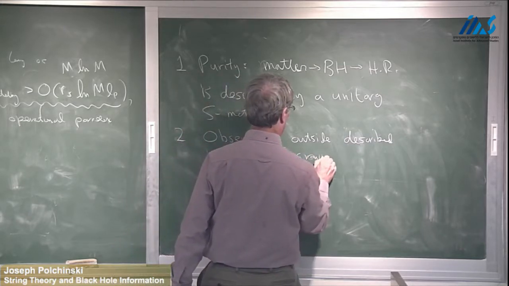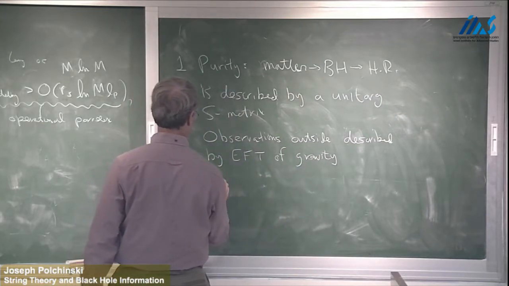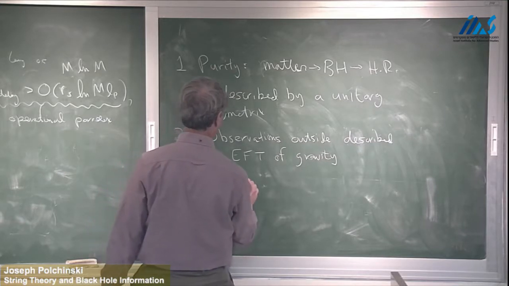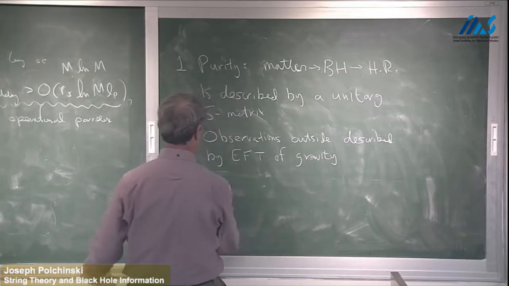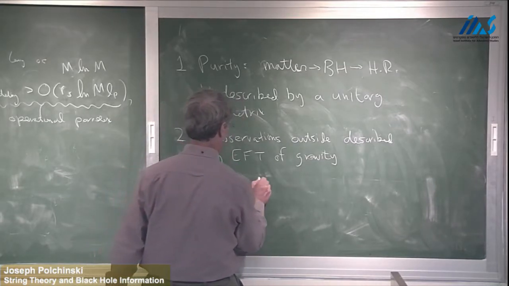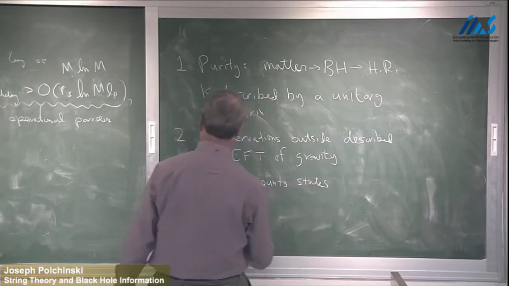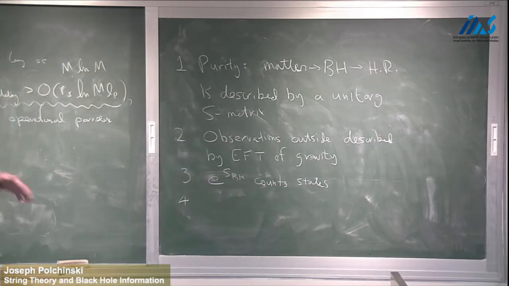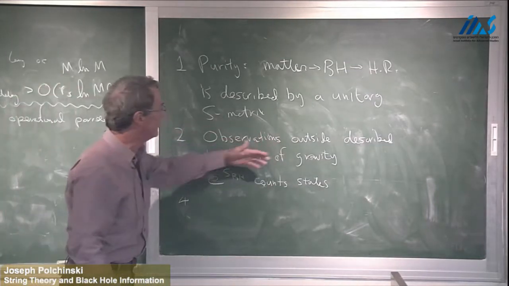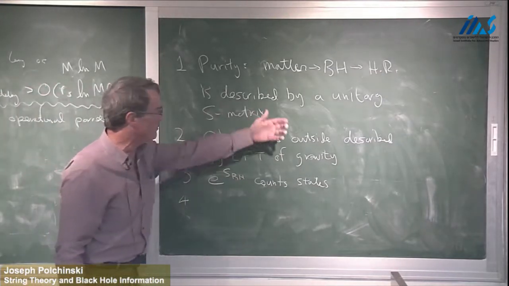There's a third postulate, which we don't really need, but it's that the Bekenstein-Hawking entropy has a statistical interpretation. It counts states. So let me just say it that way: e to the S_BH counts states. And then the fourth is that an observer who falls through the horizon also sees nothing unusual. You could say, again, all their physics is accounted for by the effective field theory of gravity.